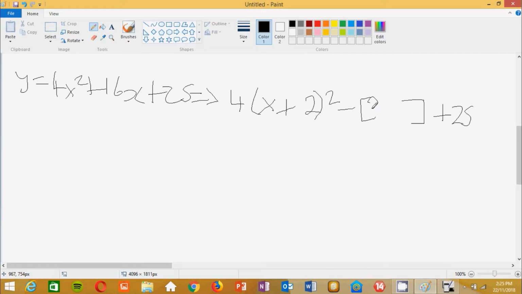Simplifying that gives me y is equal to 4 multiplied by (x plus 2) squared plus 9, and that is how you complete the square for this particular example. So your completed square version will look something like this.